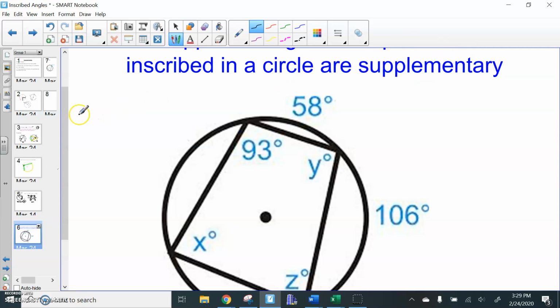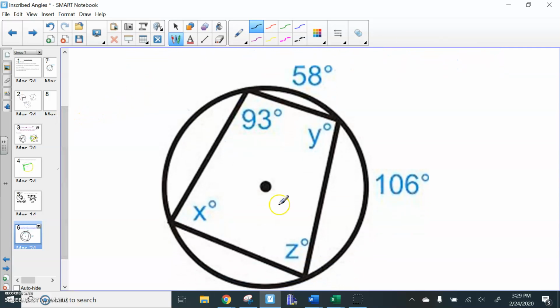So that means the opposite angles of a quadrilateral, so like this 93 and this Z, those add up to 180 degrees. So it should be pretty easy to find what Z is. To find Z, all I got to do is 180 minus 93, and we get 87 degrees.